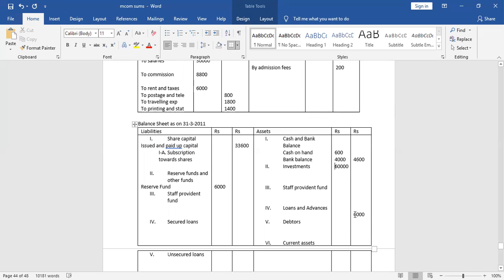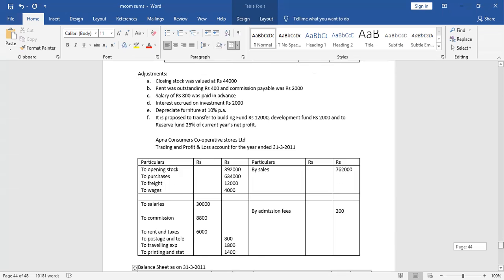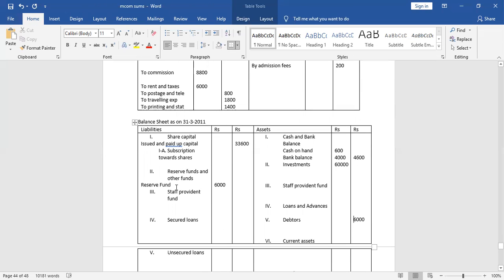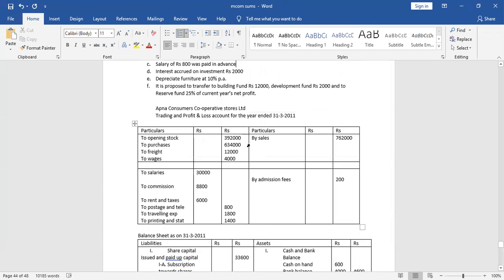Now, what else we have? Development fund 800. So here one more reserve is there. This is the last one. Development fund 800. So this becomes 6,800. Now all the posting is done.